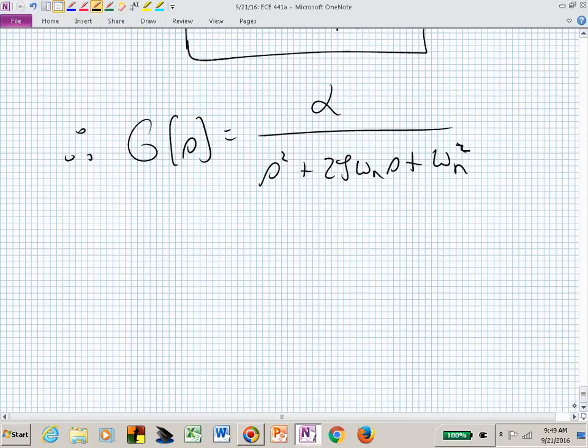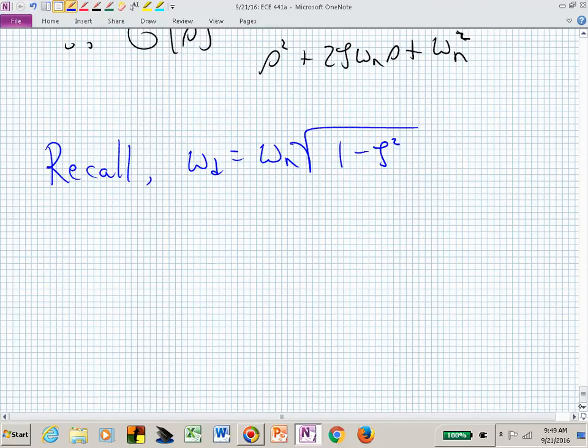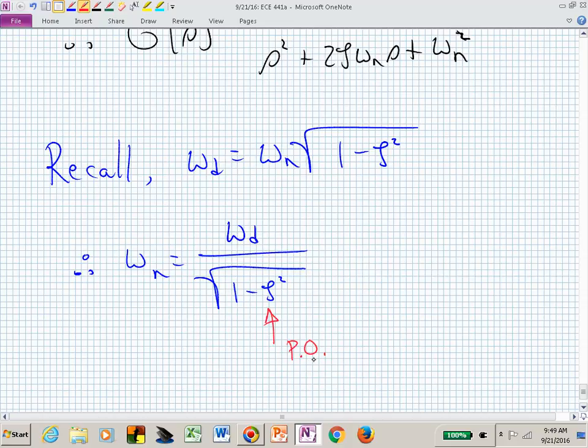Well, maybe we didn't find omega sub n explicitly, but we know how it is related to the damping ratio and our damped frequency. We know that omega sub d is omega sub n square root of 1 minus zeta squared. So if we know zeta, and how do we find zeta? That's from the percent overshoot. And what was our omega sub d?